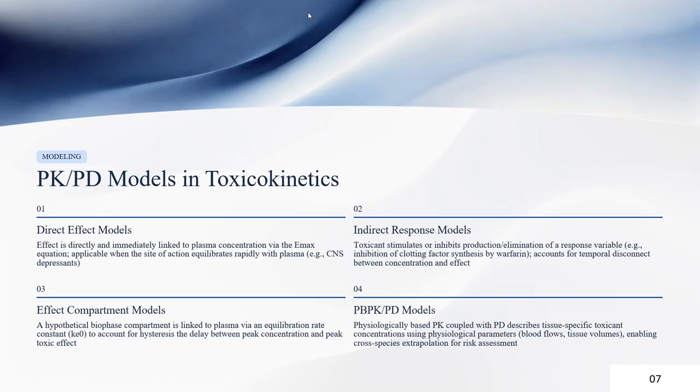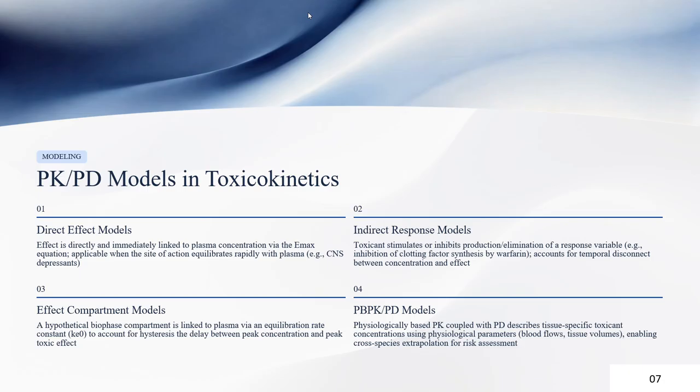Then there are different PKPD models in toxicokinetics. First is the direct effect model. In this model, the effect is directly related to the plasma concentration without delay. Then the indirect response model. These models are used when a toxicant influences the production or removal of the biological response. Then third is the effect compartment model.